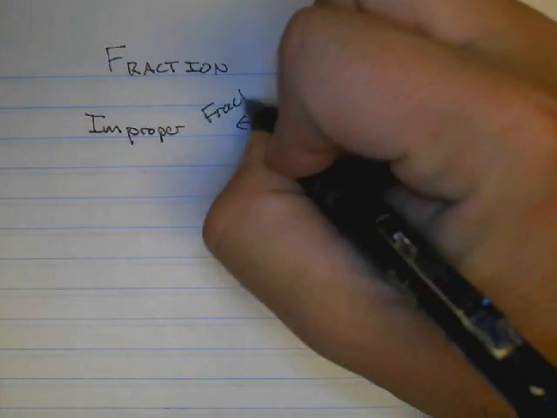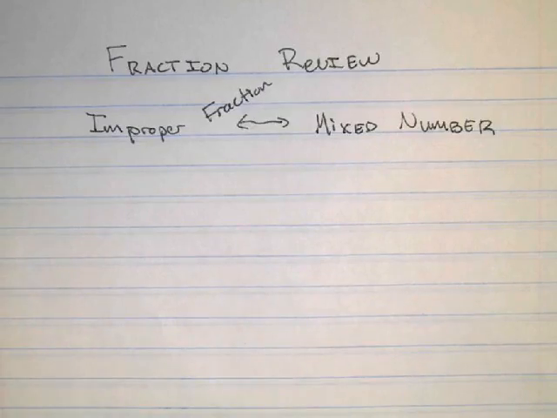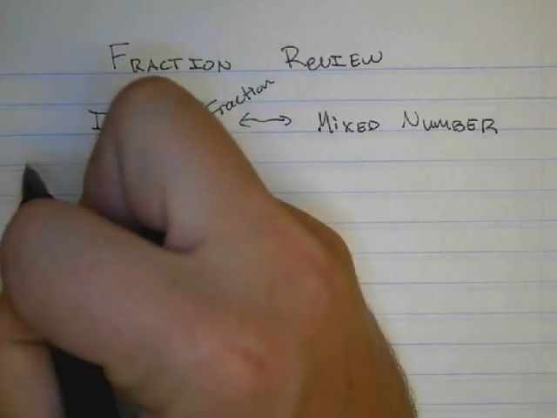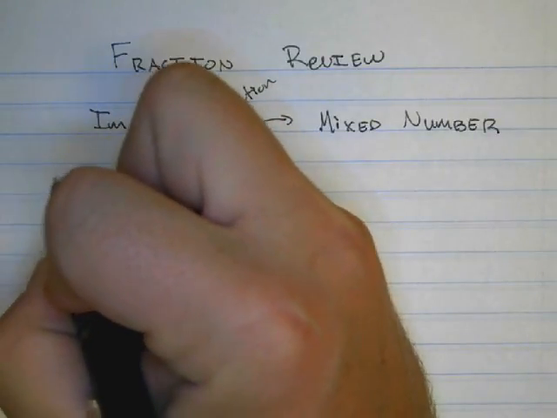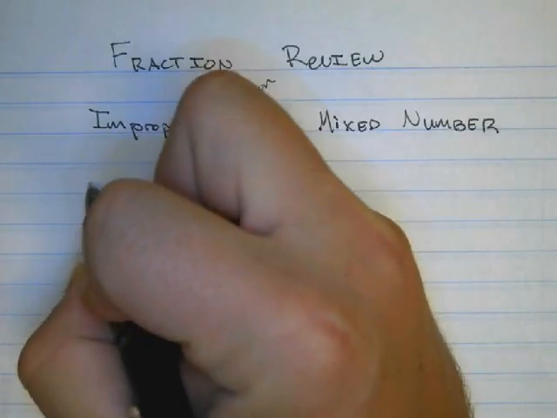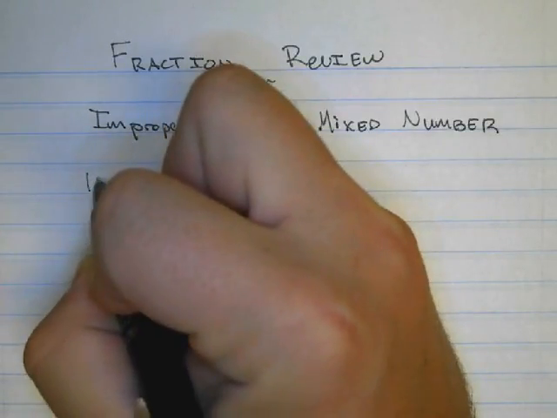Okay, so let's look at an improper fraction. Let's say I had 10 over 7.